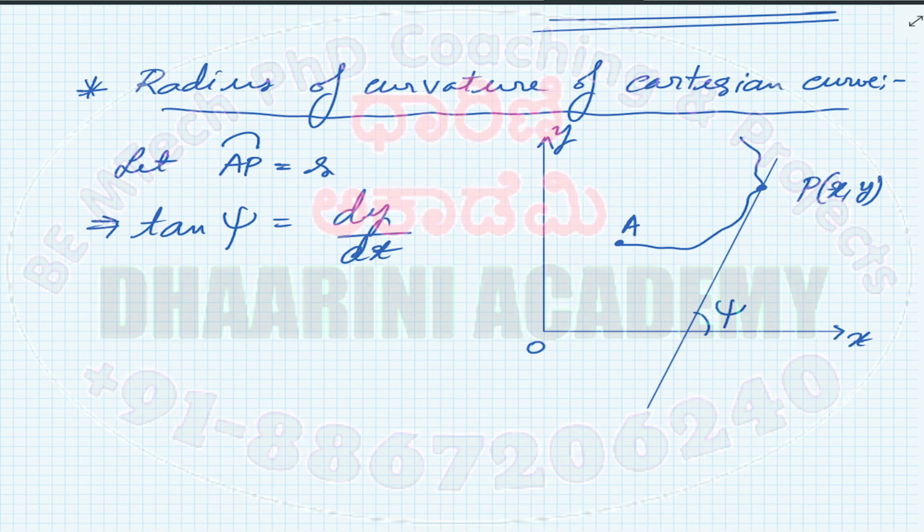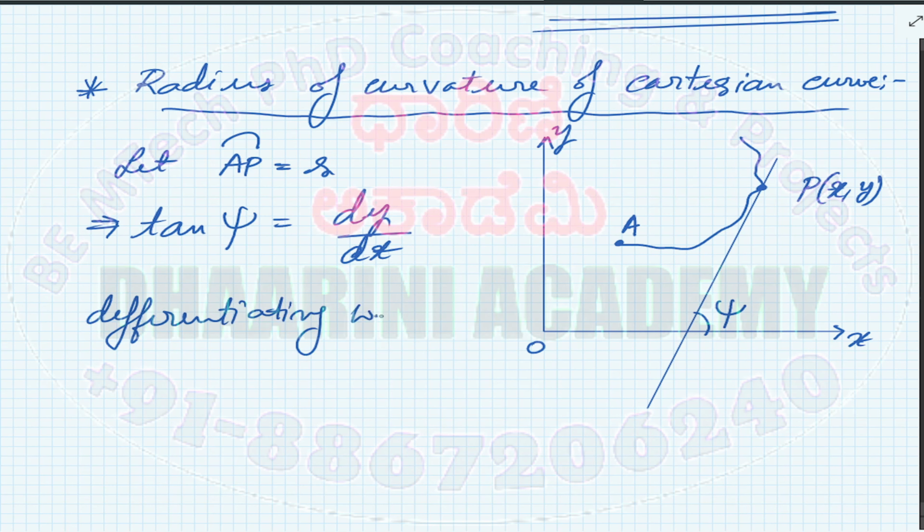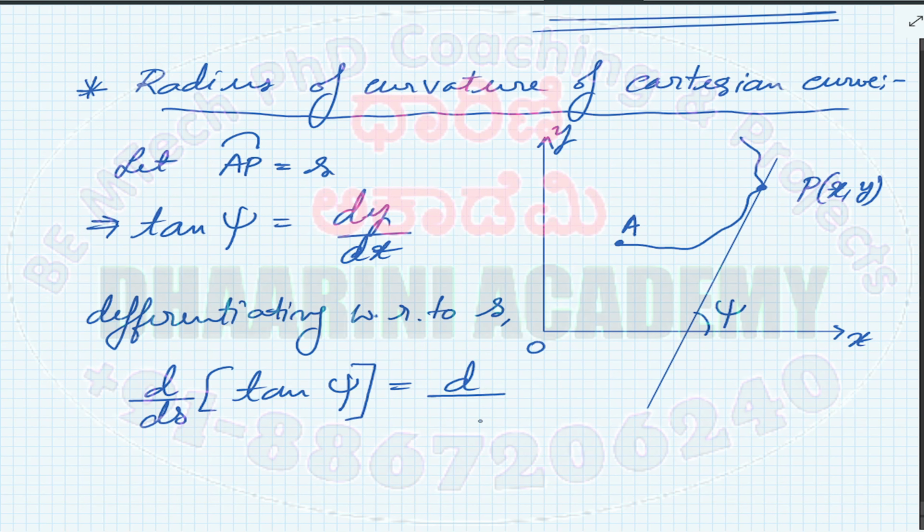Now, in order to define the radius of curvature, I need to differentiate this whole function with respect to s. So let's do that. Differentiating with respect to s, d by ds of tan psi is equal to d by ds of dy by dx. I should perform the same differentiation on both sides.